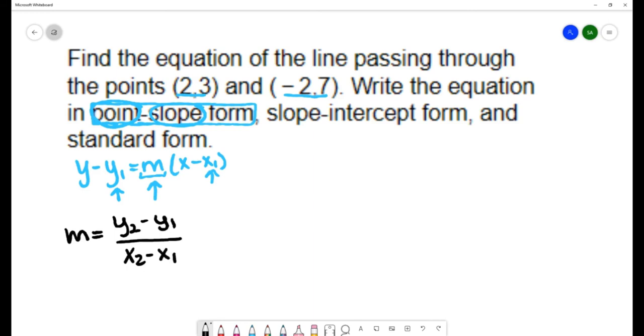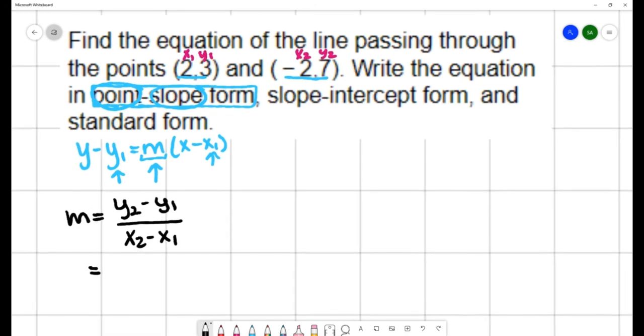So we can find the slope of the line given two points on the line. I'm going to use one point as (x1, y1) and the other point as (x2, y2), and substitute into the slope formula.